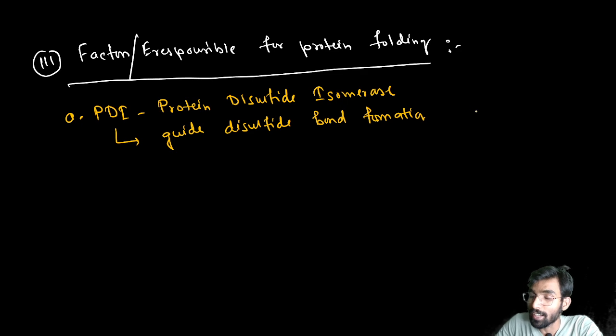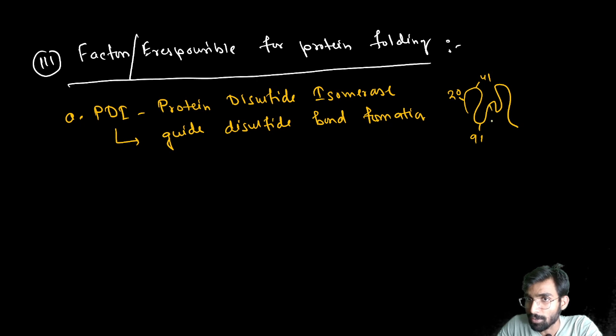So suppose there is some protein, right? At position 20 one sulfide group is there, at 41 some sulfide group is there, at 91 a sulfide group is there, at 120 something is there, 130, 153, 170 something is there.